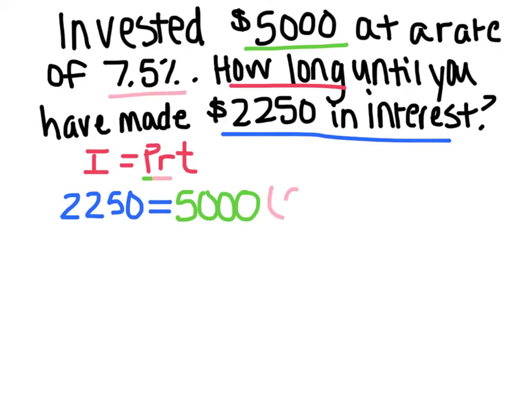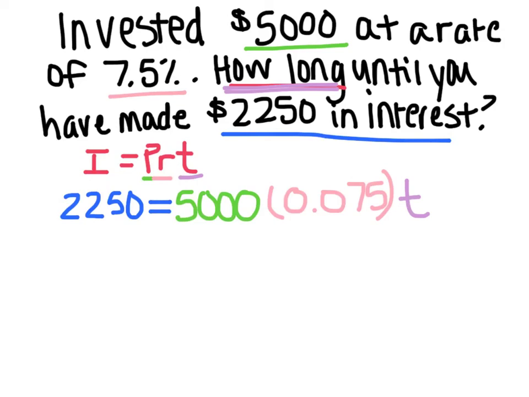Remember, you always have to write that as a decimal, so that's 0.075. But what we don't know and what we're trying to find here is the amount of time that it would take, because we're looking for how long. We're looking for our t. So we're going to take all this and multiply it by t. Now we have an equation that we can solve to figure out what t is.